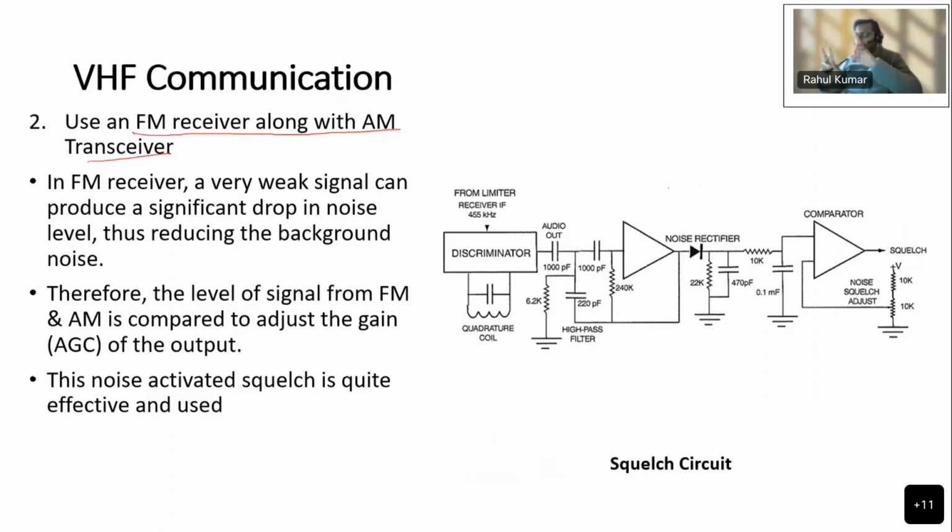So using the two receivers, AM and FM, we compare the noise level from both the AM and FM receiver and adjust the gain of the AGC or the output of the AGC controller accordingly. Okay, so this is kind of a noise activated squelch, right? And it is quite effective, and therefore it is used in the aircraft.